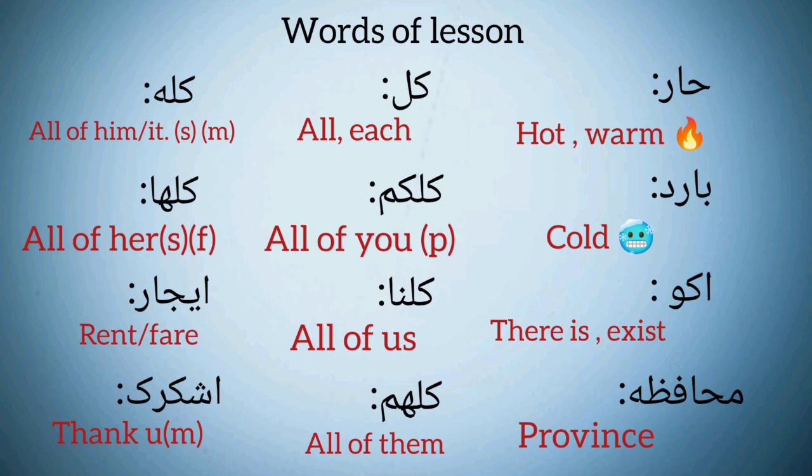In English, actually, we don't have "all of him." We have to say all of them, but it refers to him, okay? كله. كلها is for female, and كله is for male.